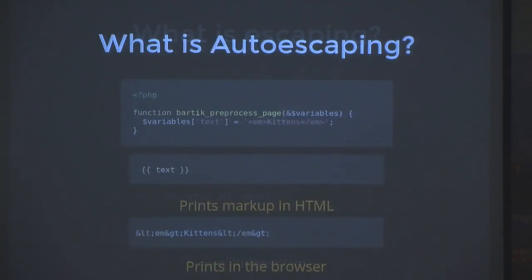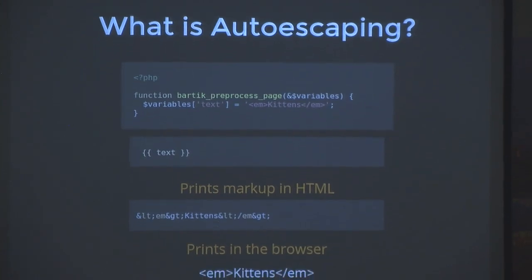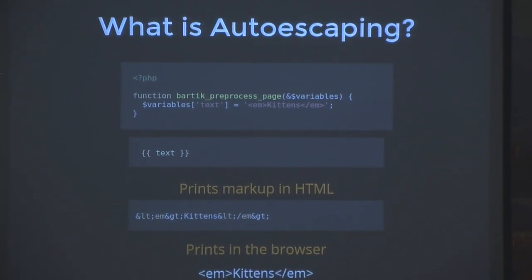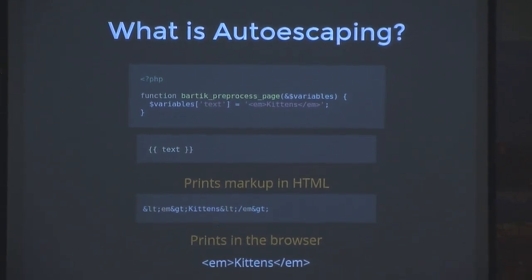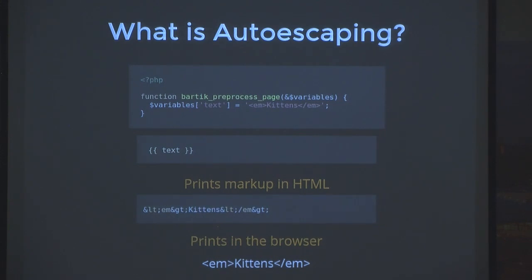So what is auto-escaping? It is the same, but it happens automatically for everything that is being output. So every time you output a variable in Twig, it will be escaped automatically. So the same functionality that I described will happen automatically, which can be very, very confusing. The solution for this is not to use the raw filter from Twig, which is the most common way to get over this.